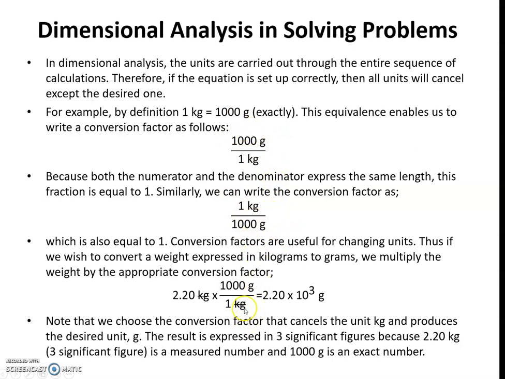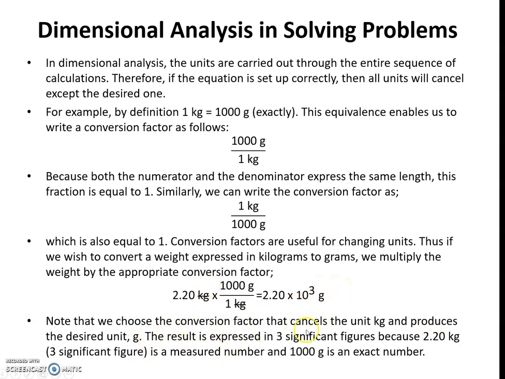Because we want to obtain the desired unit as grams, we insert kilogram as the denominator because we want to cancel out kilogram with these kilograms. So that's why you multiply this measured value by 1000 grams over 1 kg. So your final answer is 2.20 times 10 to the power of 3 grams. Because we have cancelled out kilogram with this kilogram, your final unit is grams.